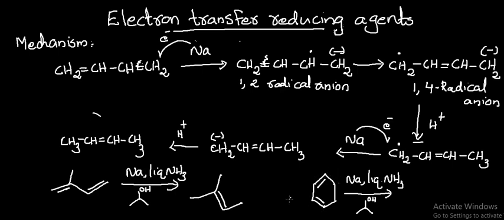What will be the product when it undergoes sodium metal reduction? It is converted into an isolated olefin. That's about electron transfer reduction in the case of conjugated olefins.